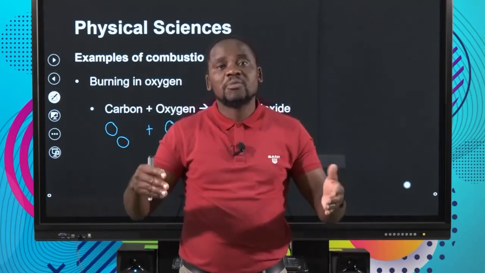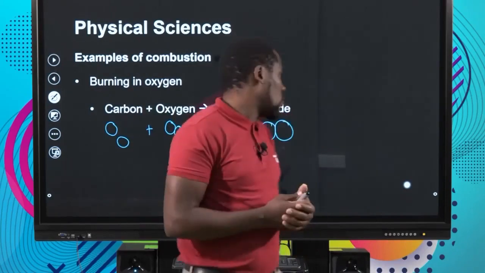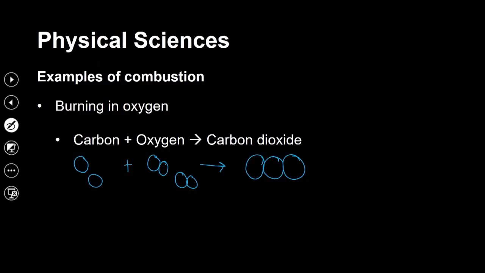So the periodic table becomes our point of reference for the symbolic representation of a chemical change. We've got carbon, which is C, plus oxygen, which is O2, to give us a product, which is CO2. What is important is that at the end of it all, there is formation of a new substance, but this new substance, CO2, consists of particles that make up the reactants on the left-hand side of this chemical change.